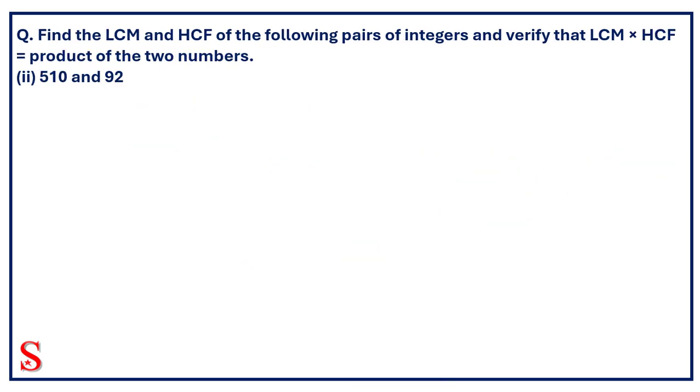Moving on to the next question, same, we have to find out the LCM and HCF of 510 and 92, and then we have to verify the same that we have done in the previous question. So first of all, we'll start by finding out the factors of 510 and 92.